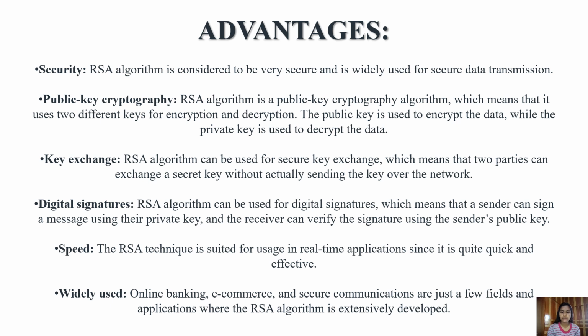RSA algorithm can be used for secure key exchange, which means that two parties can exchange a secret key without actually sending the key over the network. Digital signatures. RSA algorithm can be used for digital signatures, which means that a sender can sign a message using their private key and the receiver can verify the signature using the sender's public key. Speed. The RSA technique is suited for usage in real-time applications. It is quite quick and effective.